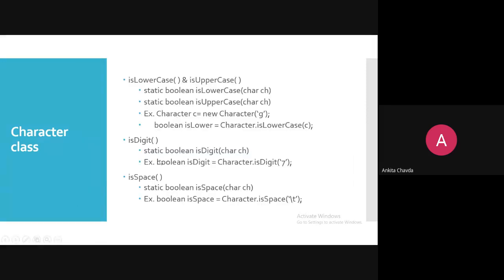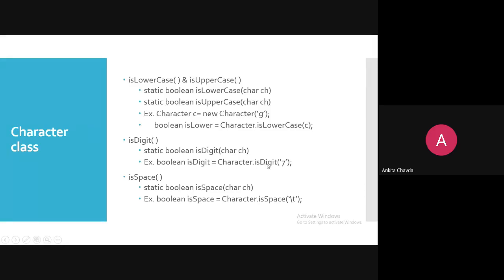Again you can check, this method is getting started with is. Is means they are asking you a question, so that is true or false. So again the return type would be Boolean. This is the only tip that you have to remember: any method which is getting started with is, its return type will be Boolean only. Again this is a static method, so you can call it with the class name.